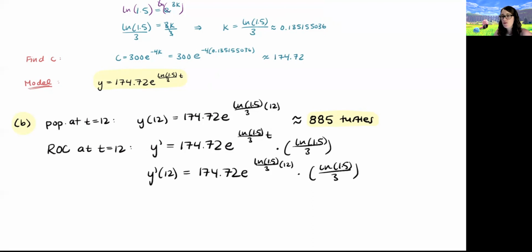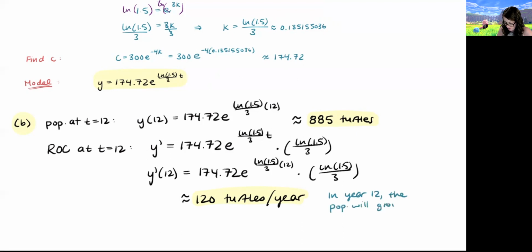And you should get 119.5. So we'll say this is approximately 120 turtles. This is a rate, so turtles per year. Okay, so what this means is that in year 12, the population will grow because we have a positive rate of change by approximately 120 turtles.